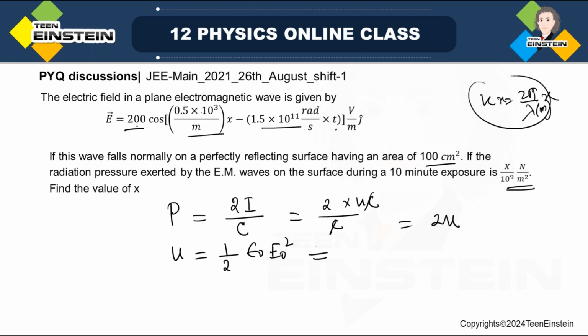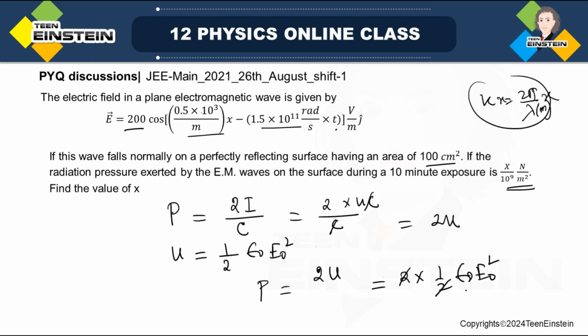E naught is given here, this one. So half into, we'll put it here in the expression for the pressure. So pressure is 2 into U, where U is actually half epsilon naught E naught square.